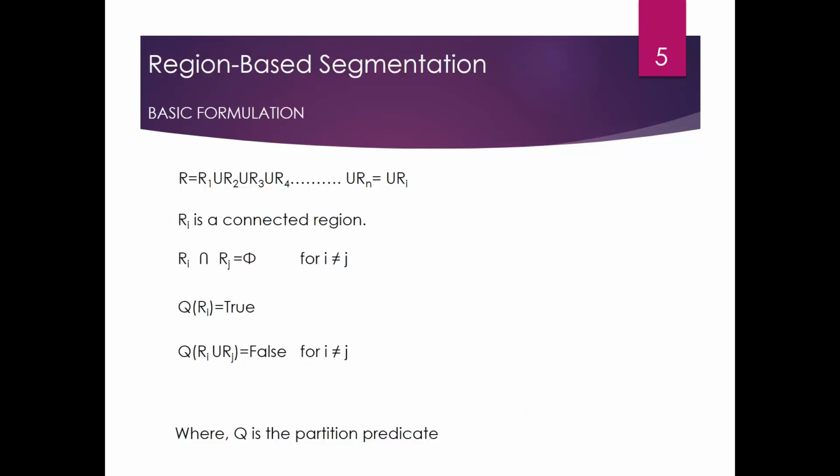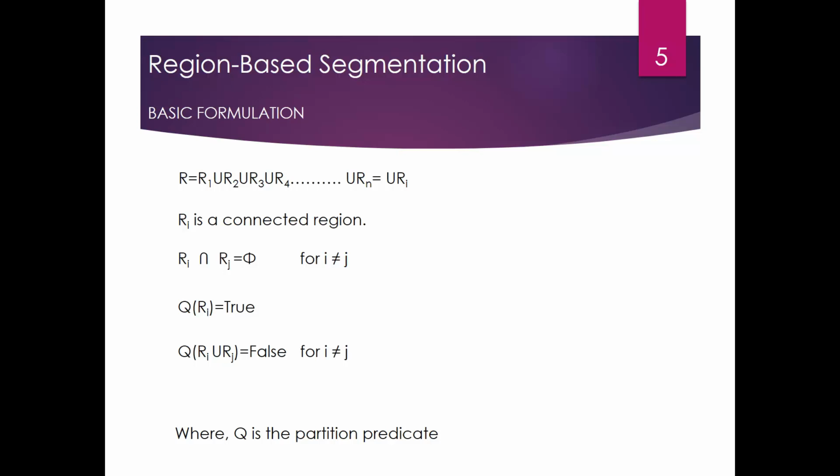The basic formulation for region based segmentation, or region growing segmentation, is this. Suppose we have a region R and we divide it into a number of sub-regions R1, R2, R3, up to Rn. The union of all these regions is equal to capital R, meaning we are partitioning the original set R into partitions R1 to Rn.